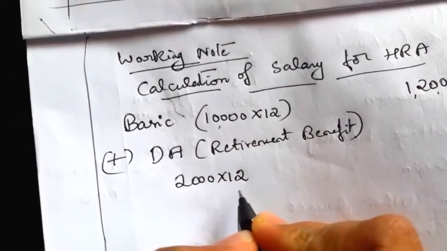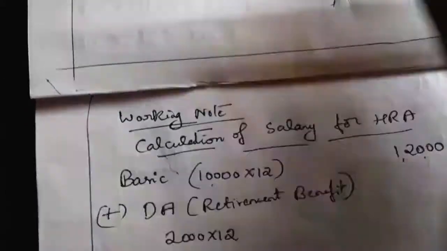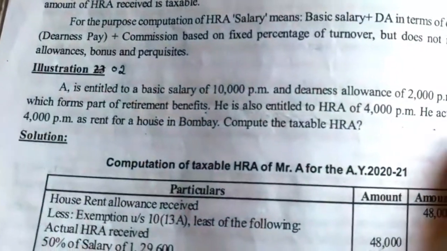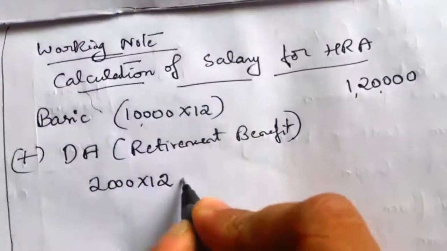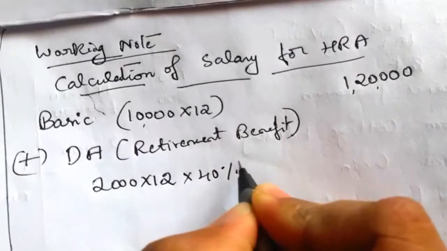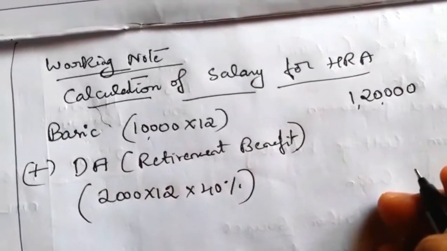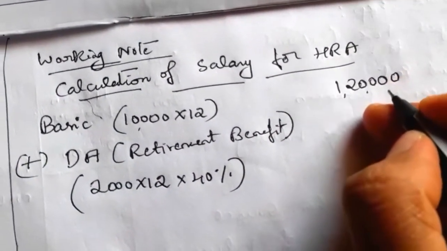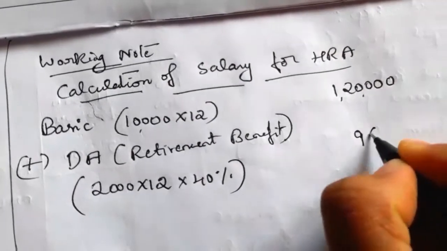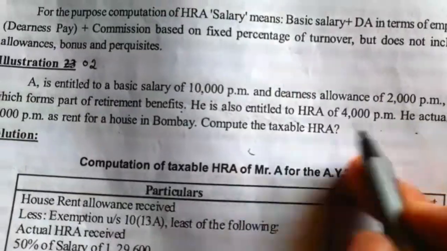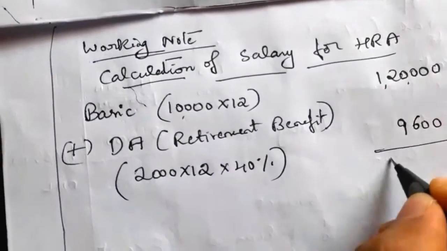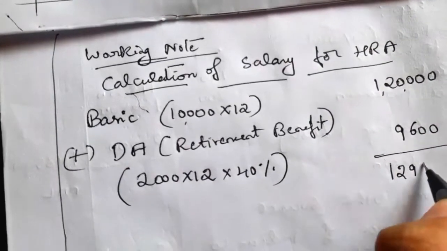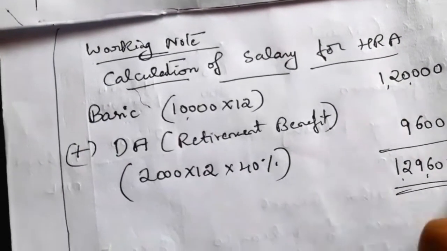In the DA we have to take only the part of retirement benefit. 40% forms part of retirement benefit, so into 40% we have to take. So 2,000 into 12 into 40% is equal to 9,600. There is no commission given in this question, so only basic and DA. So total is 1,29,600, the total salary.